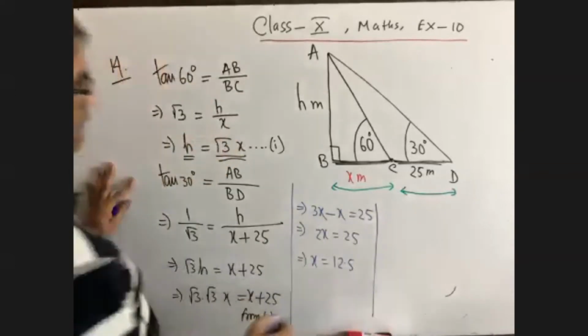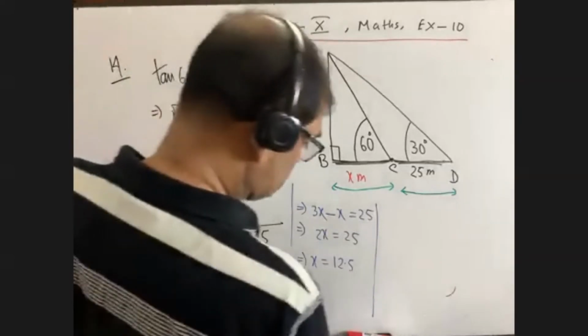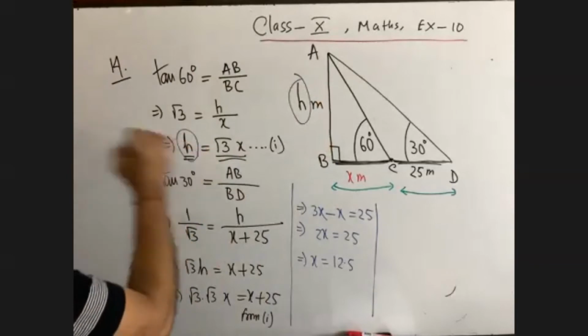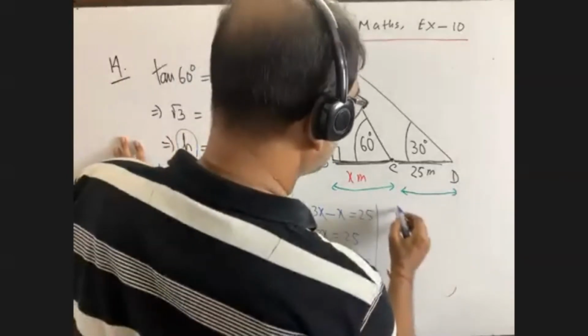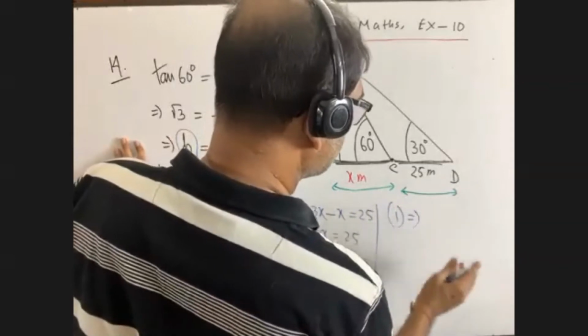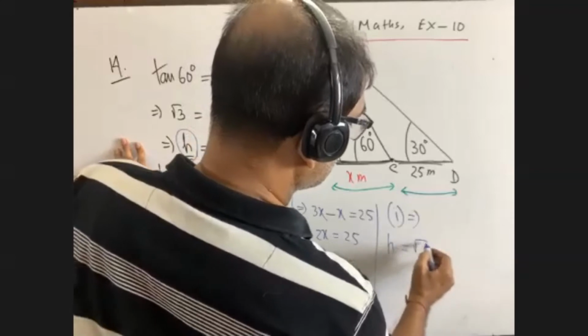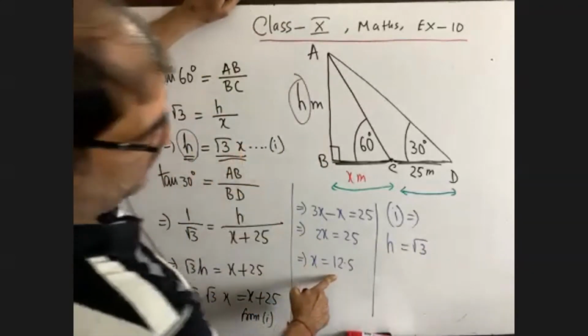Dear students, we have to find the height of the tower. So what is the height of the tower? So from 1 we get h is equals to root over 3x. Value of x is what? 12.5.